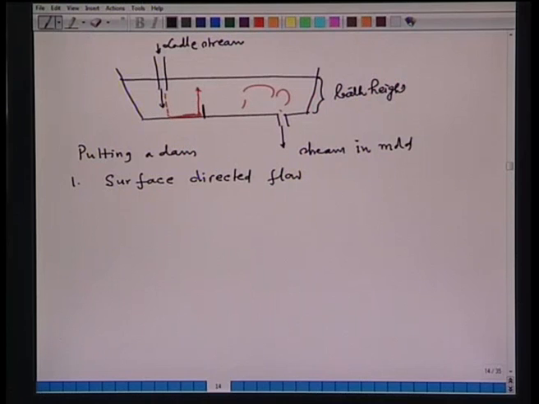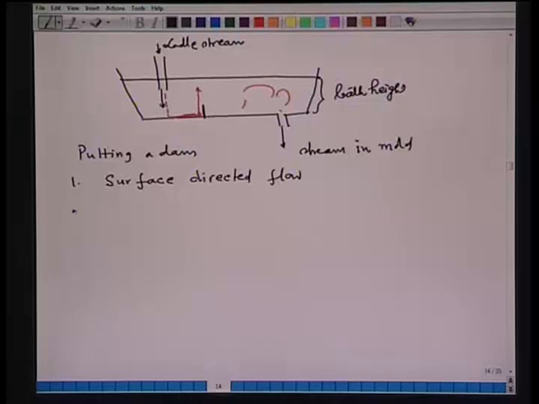What does it do? When the flow is surface directed, then the liquid which is carrying the inclusions will also be directed to the surface, and having a tundish flux at the top of the liquid steel, there is a possibility of absorption of these inclusions on the surface.